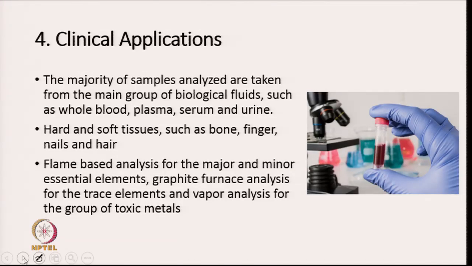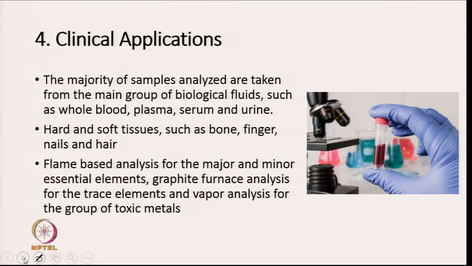The majority of samples analyzed in clinical analysis are taken from the main group of biological fluids such as whole blood, plasma, serum and urine. Sometimes we also analyze hard and soft tissues such as bone, fingernails and hair.